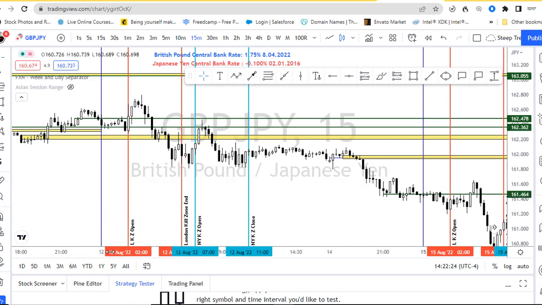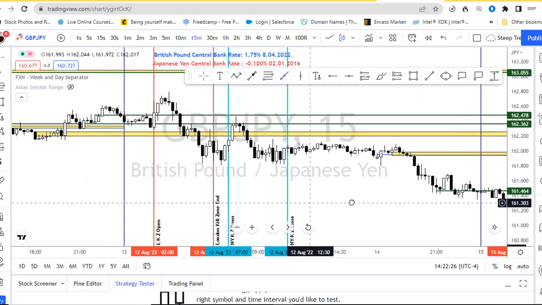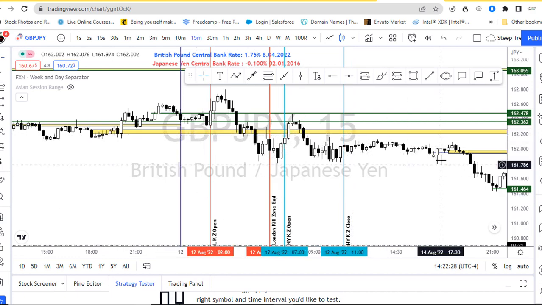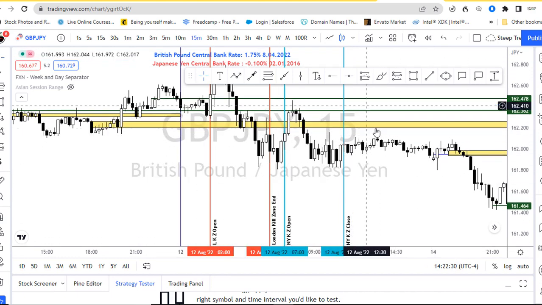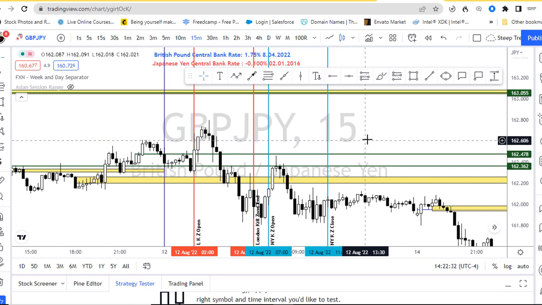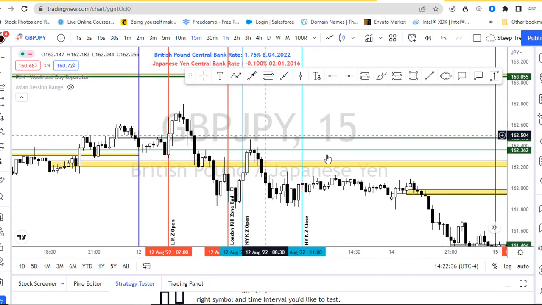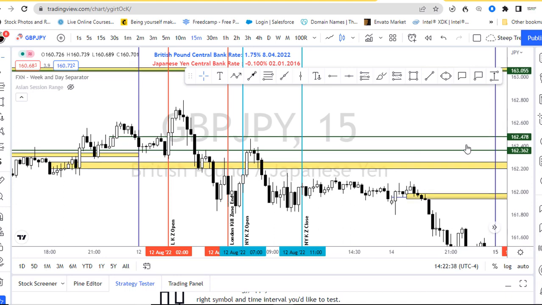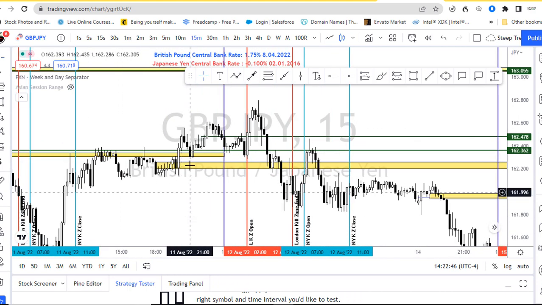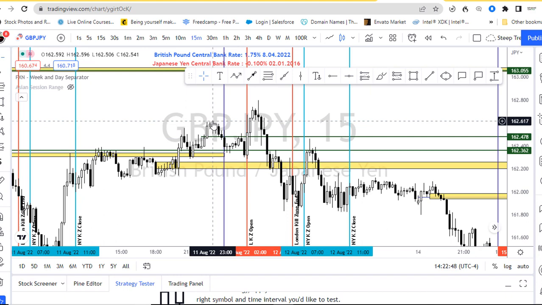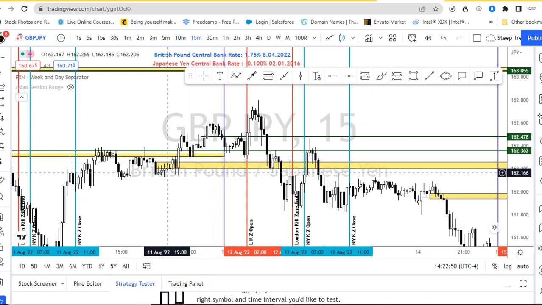And what you'll notice during this London session is that the high of the day or the low of the day usually sets in London. Now, this is Asia, right? Asia goes all the way up until this point here.